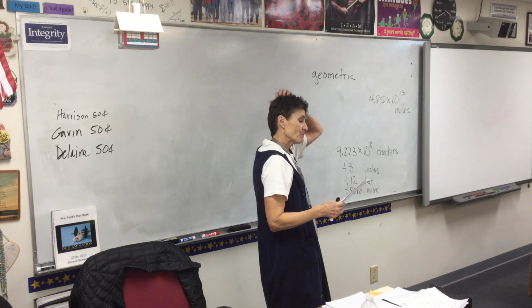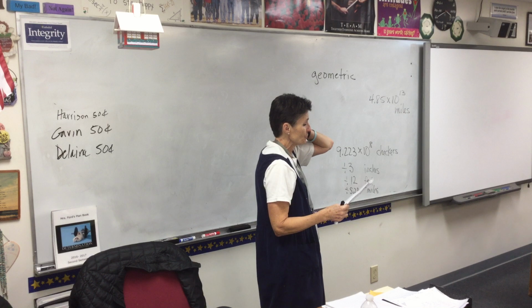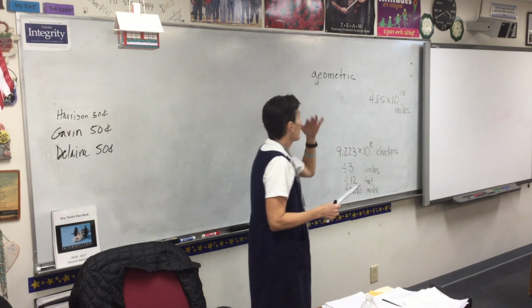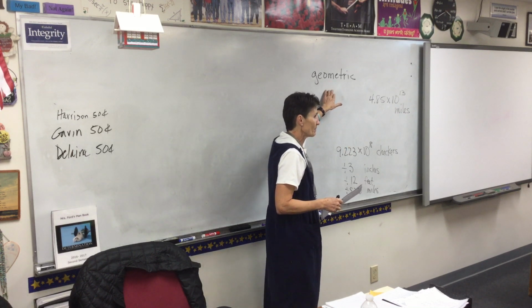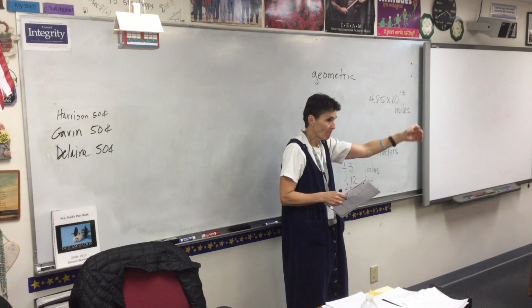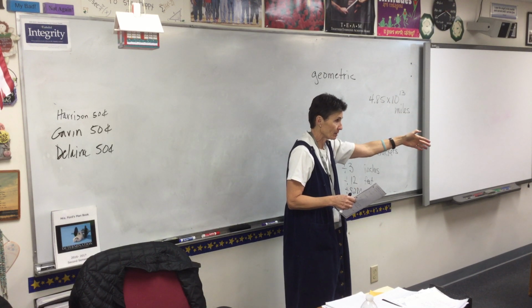All right. For each sequence, find the next 2 terms and then which sequences are geometric. Now remember, geometric means that you get from term to term by multiplying by some number.